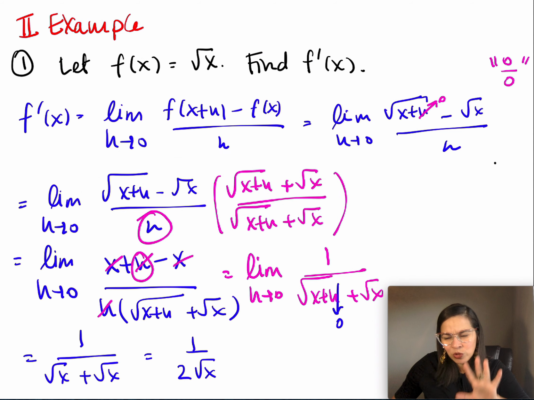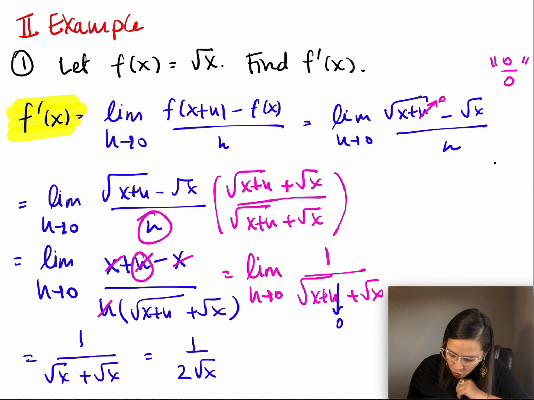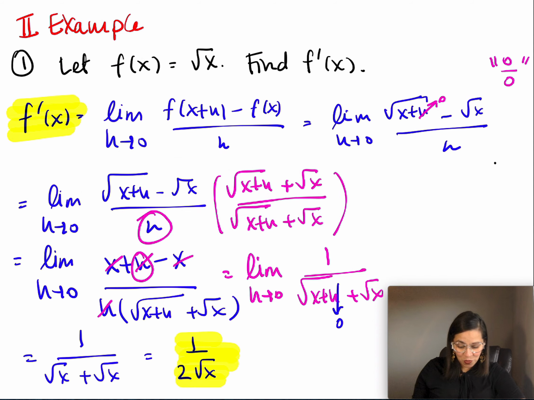So think of what we're saying here. What we're saying is that the derivative of my function is equal to 1 over 2 root of x, meaning as long as you can substitute, as long as it is in the domain of the derivative, you can plug anything in.